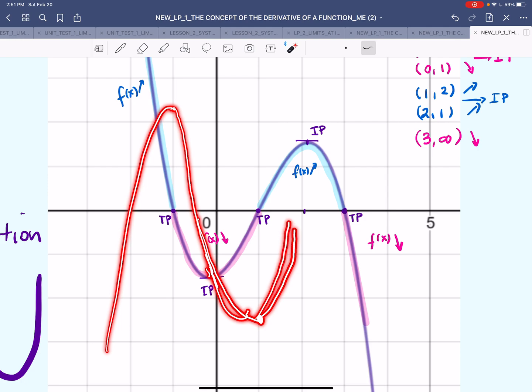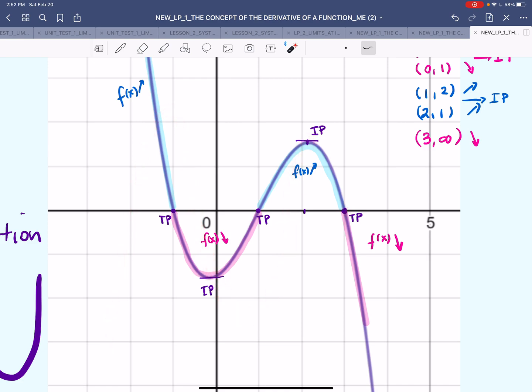Okay, so it increases all the way up to x equals 3, and it will have an inflection point right at this one here, and later it will turn up again, right? So here we go.